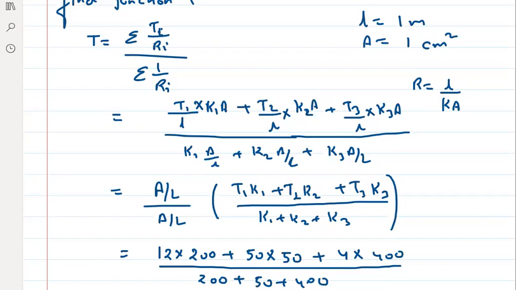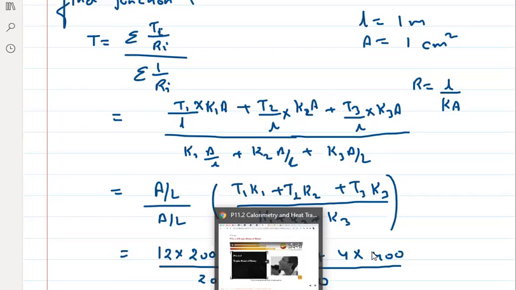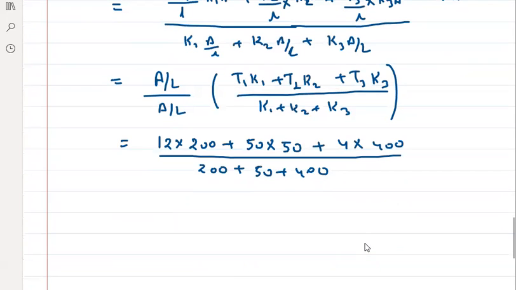Got it? Anyone have any issue till this point? So just calculate it.